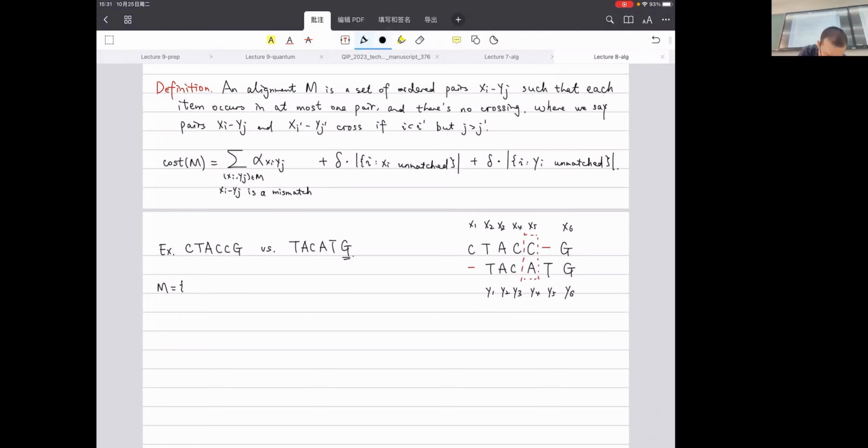We are going to have x2, y1 here, and of course x3, y2, and x4, y3. We have x5, y4, though this is a mismatch, and we are going to compute this later. The y5 here, the T, is left alone, and at the end we have x6, y6.